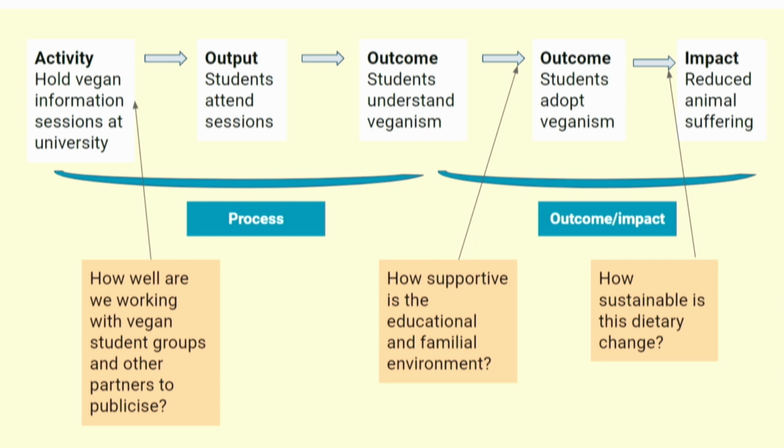And maybe we want to know how sustainable that dietary change is, because we're not going to see reduced animal suffering if people only go vegan for a week. We ideally want them to stay vegan. So that's an example of how you could use your theory of change to get more questions that might be more relevant to your program and to the decisions you're making.